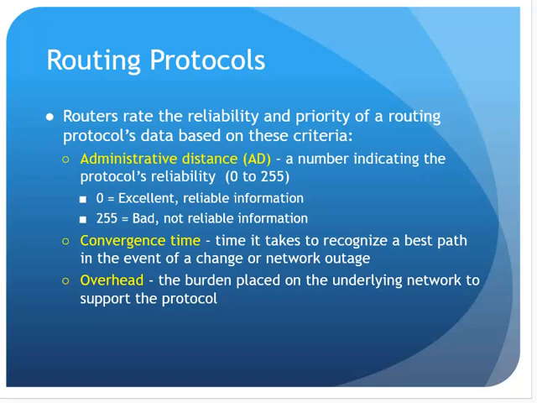Well, there's a couple terms they bring out when they start talking about these routing protocols. Administrative distance, convergence time, and overhead. Okay. The administrative distance is a number that ranges from 0 to 255. And that is a number that indicates kind of like the quality of the information, the reliability of the information. If it's a number of 0, that information is excellent. Maybe it's directly connected.